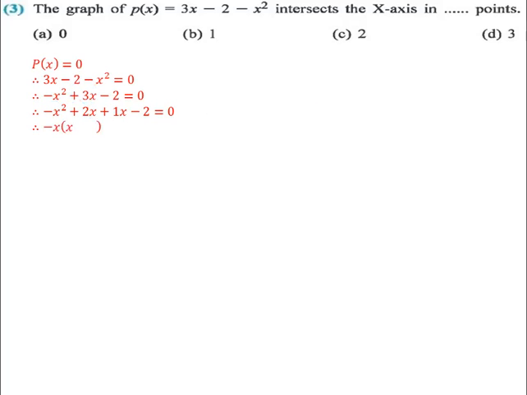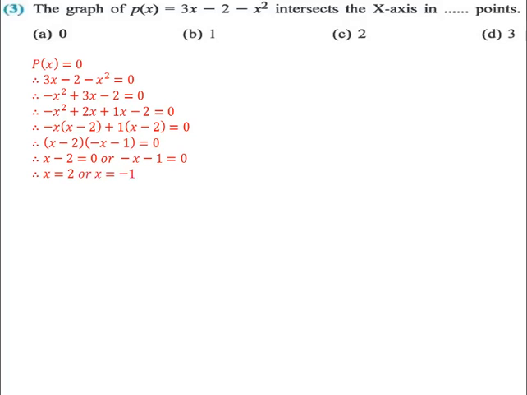Minus x common into bracket x minus 2, plus 1 common into bracket x minus 2, is equal to 0. X minus 2 into another bracket, minus x plus 1, is equal to 0. X minus 2 is equal to 0 or minus x plus 1 is equal to 0.